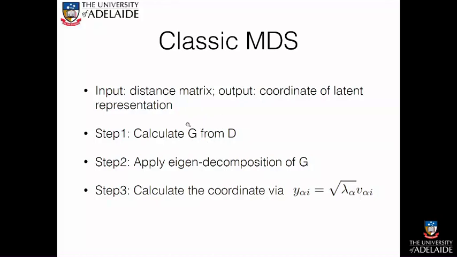This G is a Gram matrix, calculated from the distance matrix. Then you do an eigendecomposition, and the coordinates will be the eigenvectors, scaled by the eigenvalues.